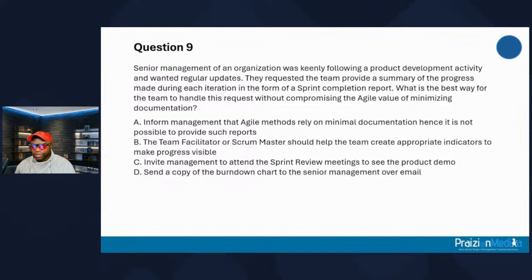B. The team facilitator or scrum master should help the team create appropriate indicators to make progress visible. C. Invite management to attend the sprint review meetings to see the product demo. D. Send a copy of the burn down chart to the senior management over email.